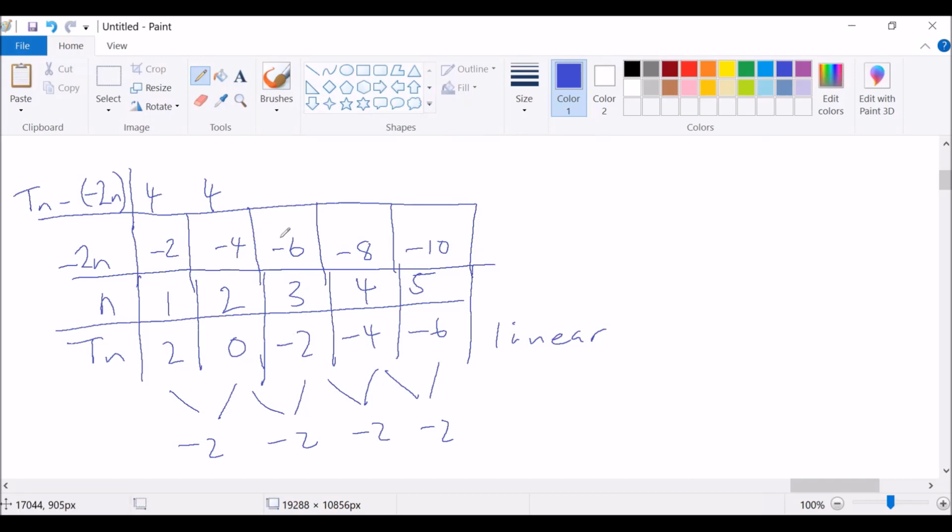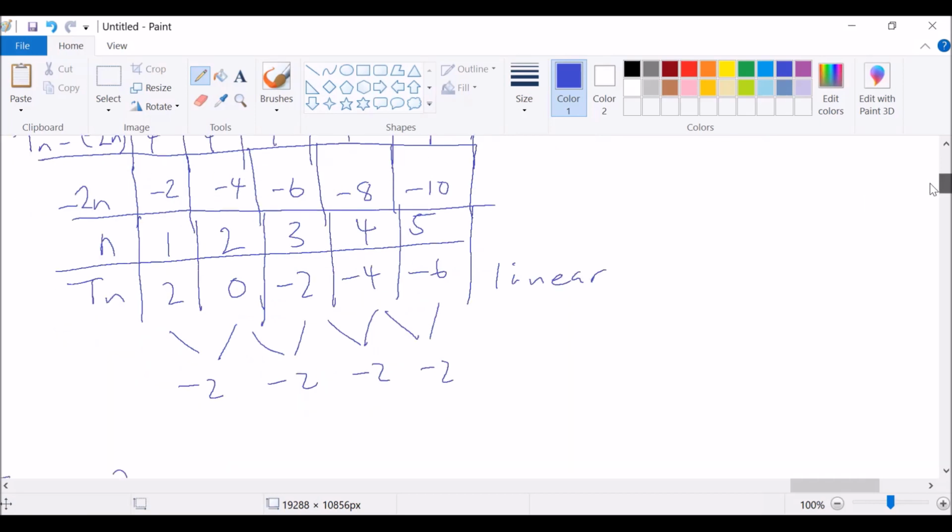Minus 2 minus minus 6 is minus 2 plus 6, which is 4. Minus 4 minus minus 8 is minus 4 plus 8, which is 4. Minus 6 minus minus 10 is minus 6 plus 10, which is 4. Now we have consistency. The results are now consistent.